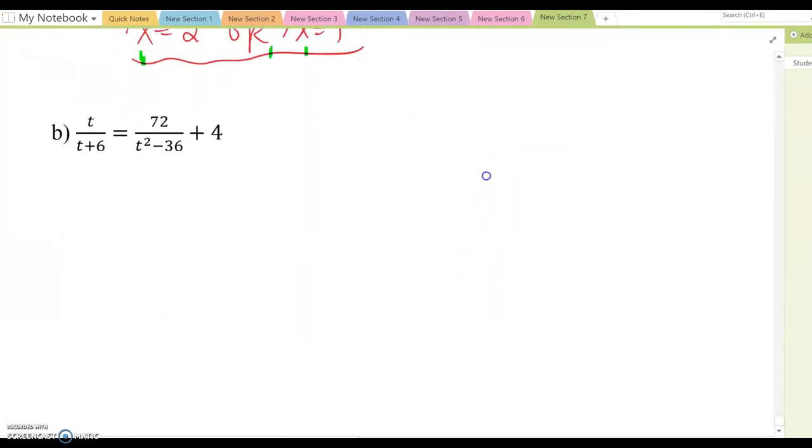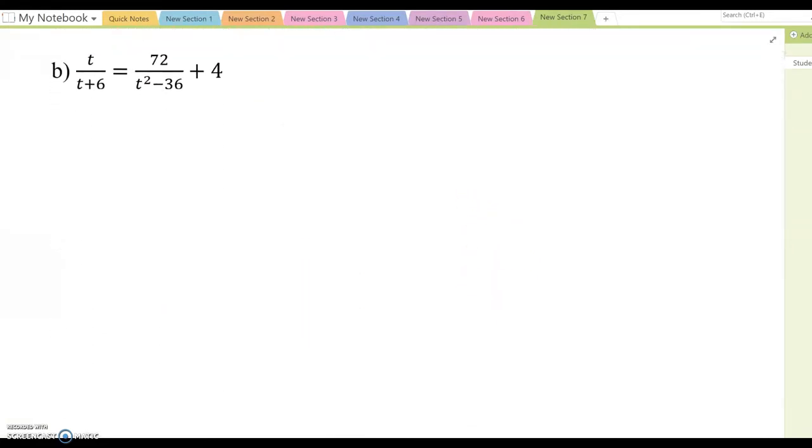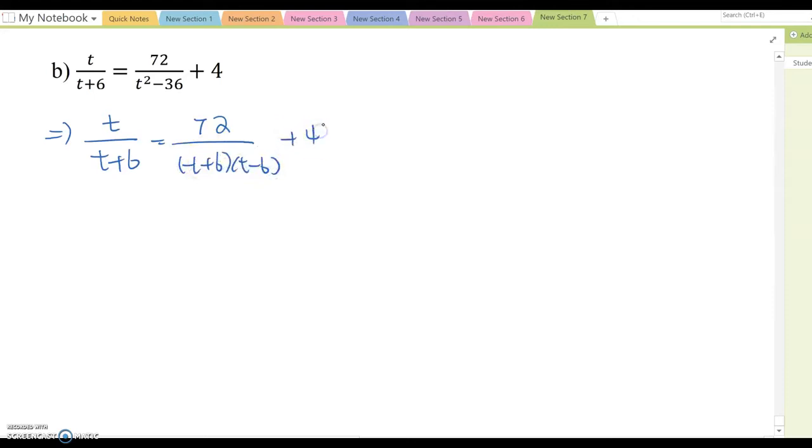Now, the second equation here. Step 1 is the same. You factor, so you need to find the LCD here. So this is going to be t over t plus 6 equal to 72 over t plus 6 and t minus 6, and plus 4. As you see, this is part of here.